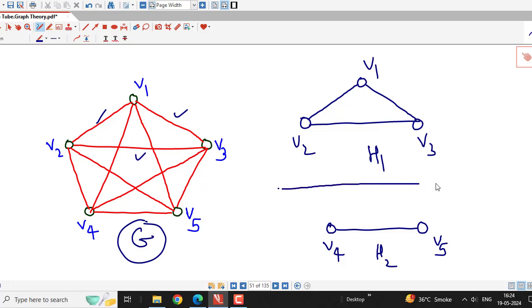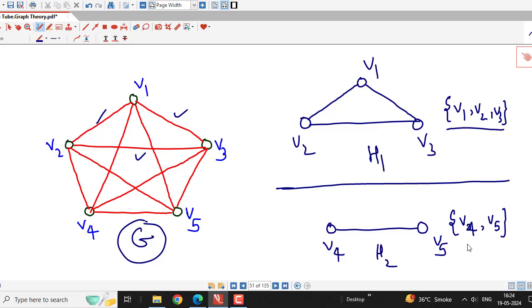Then I have 2 subgraphs H1 and H2 of capital G. And you can observe here that in these 2 subgraphs, the set of vertices for H1 is V1, V2, V3, and for H2 the vertex set is V4 and V5. So the vertex set of H1 is disjoint from the vertex set of H2, or these 2 subgraphs H1 and H2 have no vertices in common.